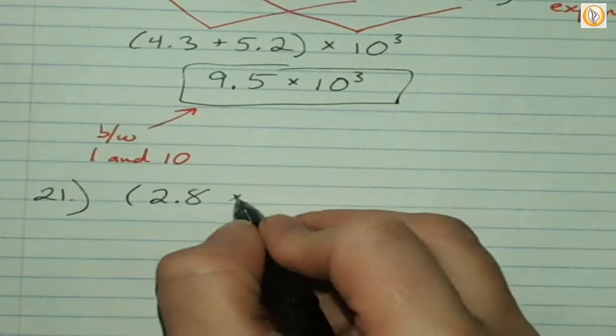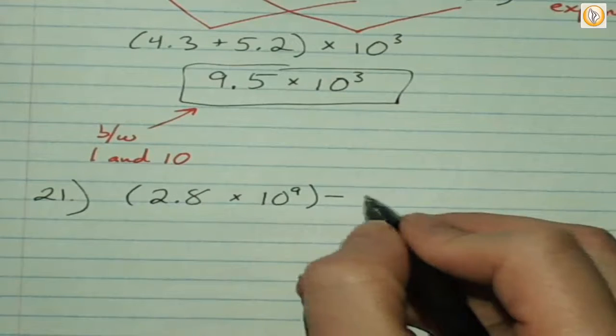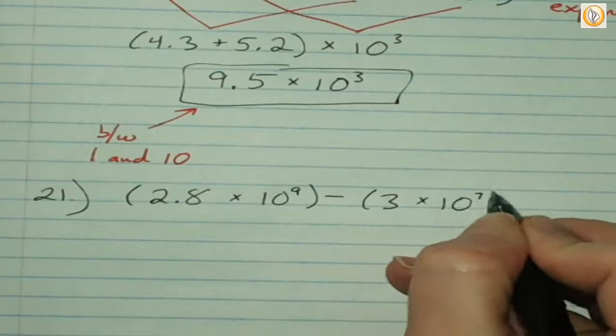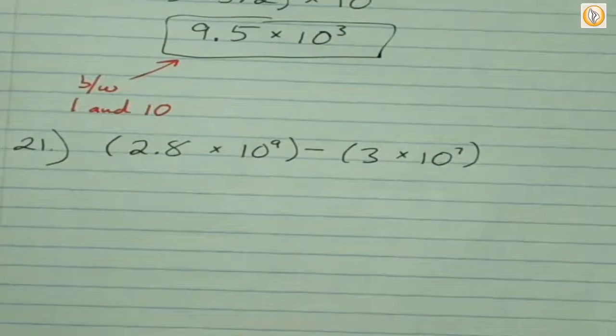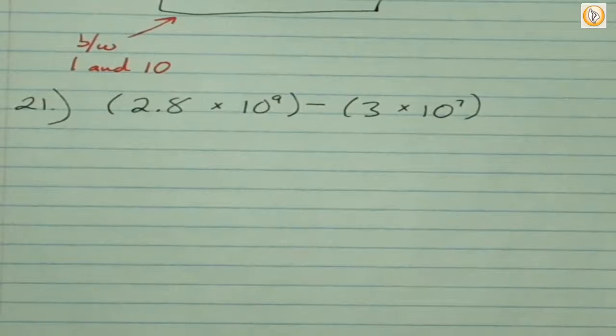2.8 times 10 to the 9th minus 3 times 10 to the 7th power. Okay, I'm going to pick on Emily again to redeem herself. Emily, what is the rule when adding and subtracting scientific notation?